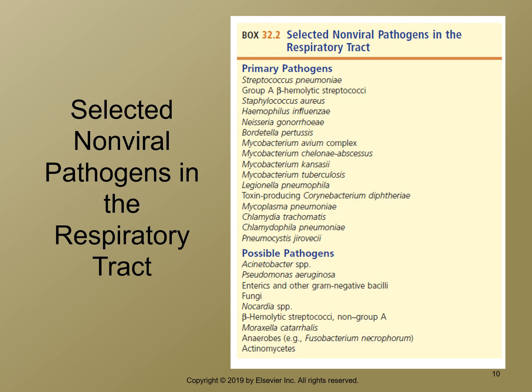Table 32.2 in your textbook lists organisms that are considered primary pathogens. There's also a number of these organisms that may or may not be pathogens depending on the clinical setting. So from here you can see some of the primary pathogens listed include some of the organisms that we saw that are usual normal flora of the naso- and oropharyngeal tract.